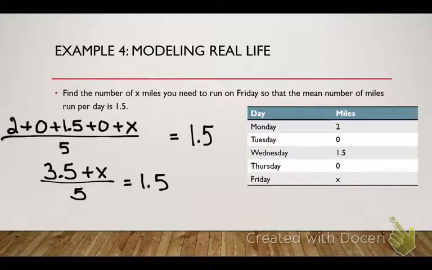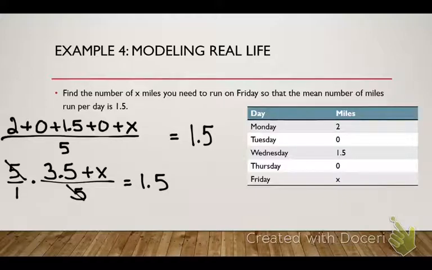Okay, so in the past, we try to get rid of fractions by multiplying by the reciprocal. Here, we can't do that because there's a plus sign here connected to x, not multiplication, but we can get rid of the denominator. We can cancel our denominator by multiplying both sides by 5.